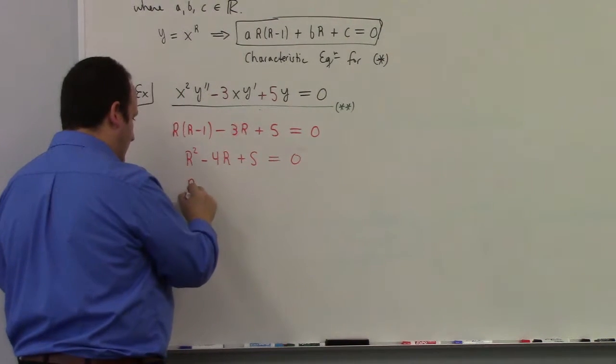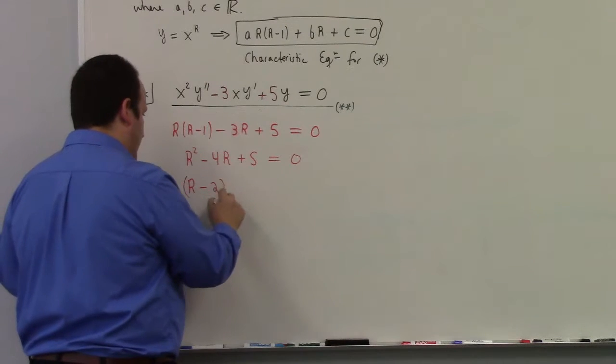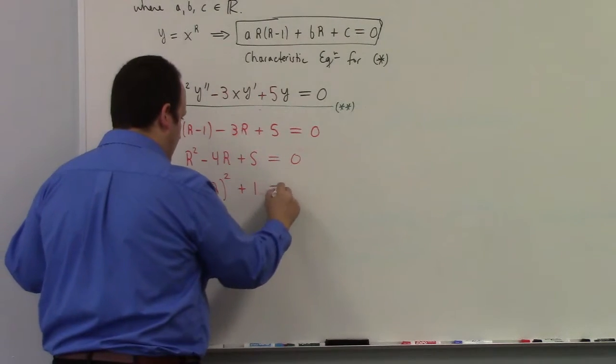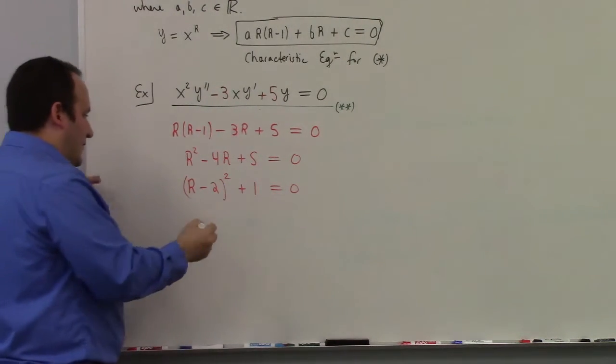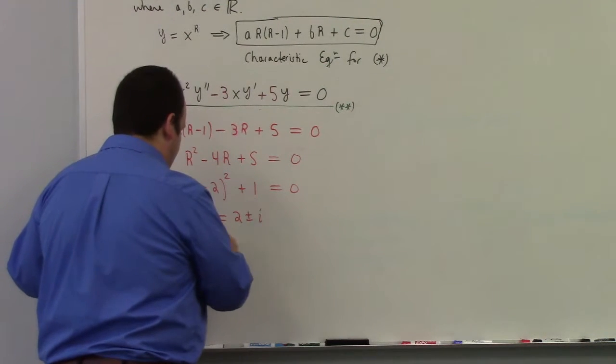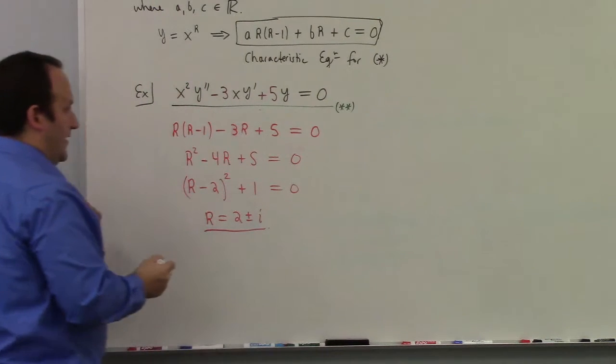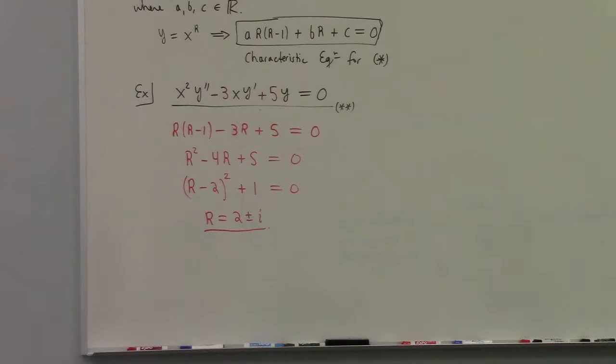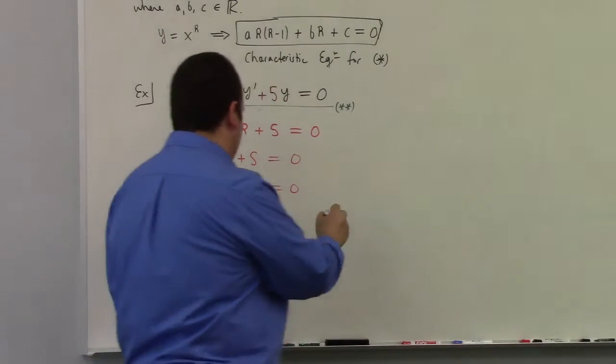Complete the square. That's r minus 2 quantity squared plus 1 equals 0. And once I've completed the square, I can read off the complex solution. r is equal to 2 plus or minus i. Well, what do you know? All right, so there we go. The question is, how do we interpret the solution then in this case?